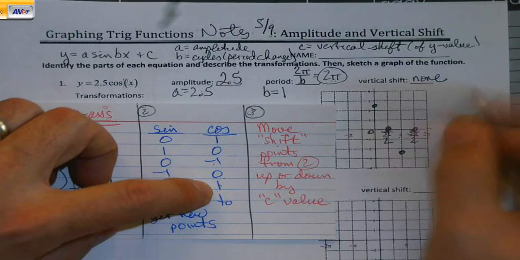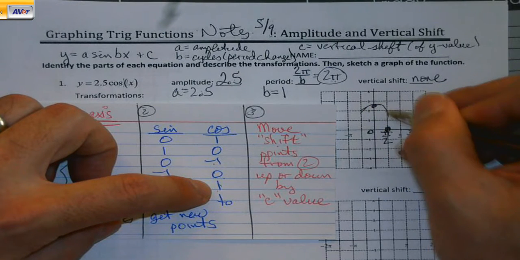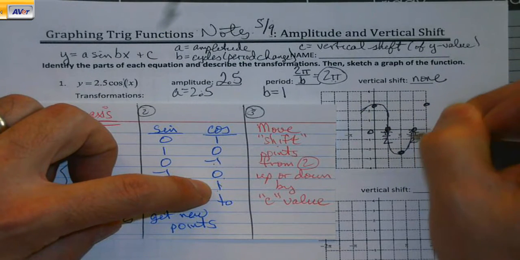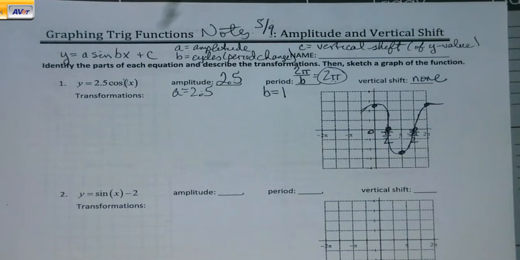And 1 times 2.5 gets me back to the top. And I remember a cosine graph looks like a U shape. Okay? Unless there's a negative, then it may look more like a hump or a hill. And that's all I'm looking for. Okay? Again, that's more of what we have been doing.